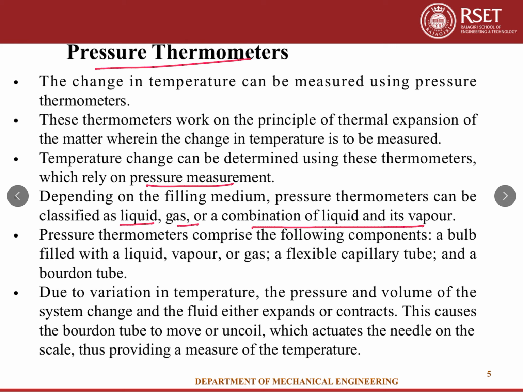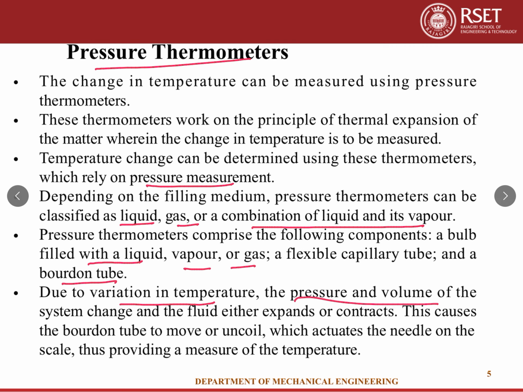The pressure thermometer comprises the following components: a bulb filled with a liquid, vapor or gas based on the thermometer type, a flexible capillary tube and a Bourdon tube. Since there is a relation between pressure and temperature change, we are using a Bourdon tube here. Due to variation in temperature, as we know, the volume and pressure of the gas will change.